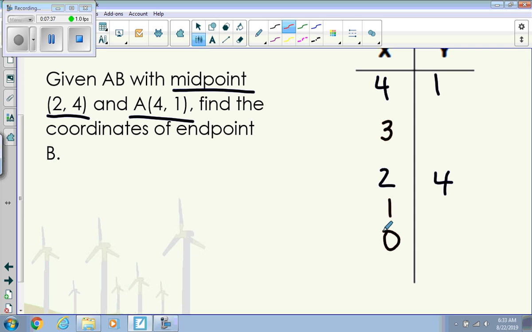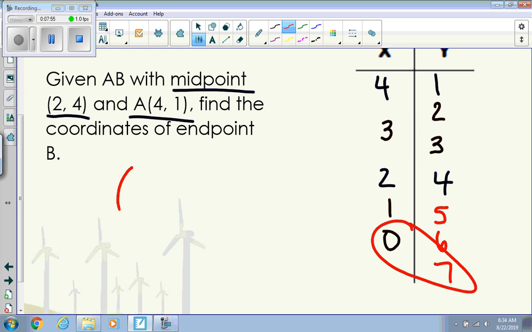With the 1 and 4, I've got 2 and 3 in between, so there's 3 numbers above the 4, so I need to go 3 numbers below the 4. So that's 5, 6, and 7. So our new endpoint would be 0, 7. Okay, our new endpoint would be 0, 7.